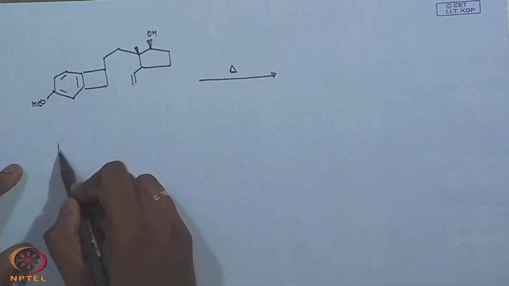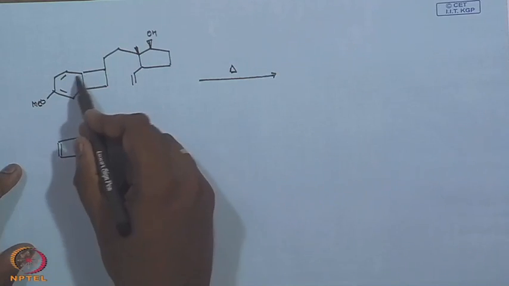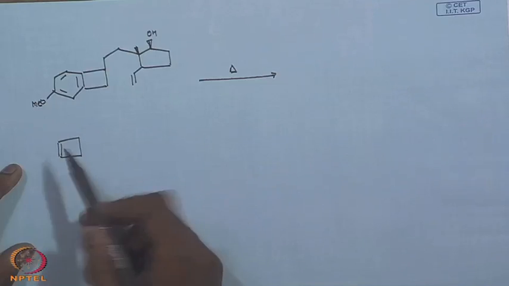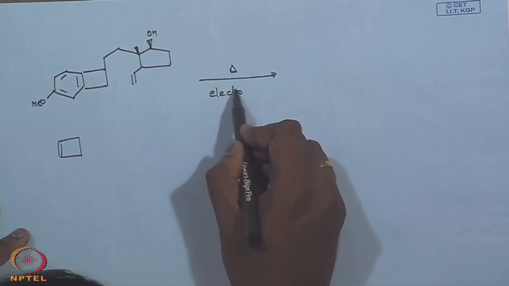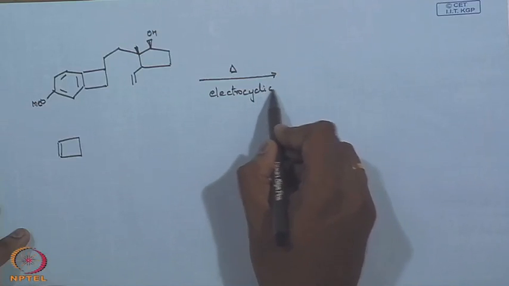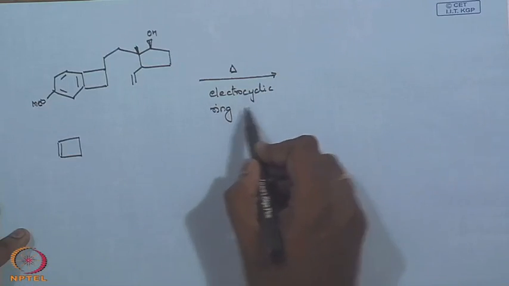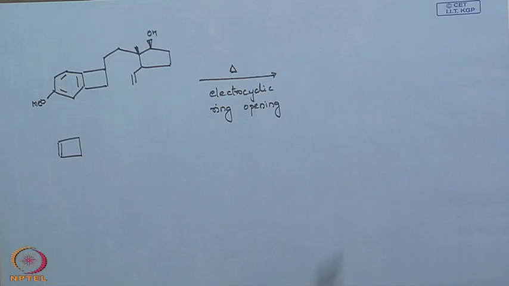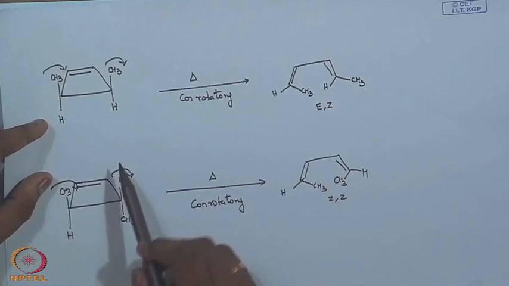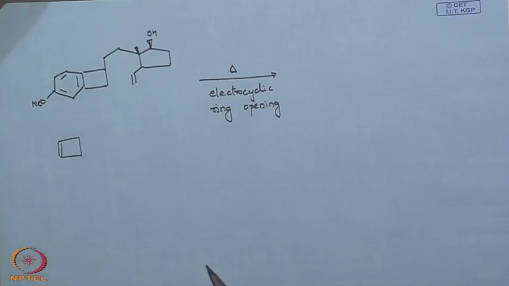If you just think of this alone, this whole part should be like this, which we have studied. So it should be an electrocyclic ring opening, conrotatory. Just now we studied that example. Same system it is.